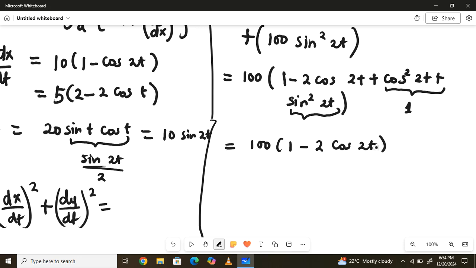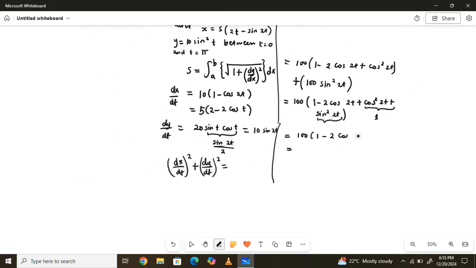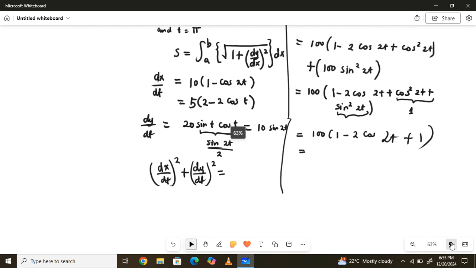Moving forward, remember we have 100, so we'll have 100 into 1 minus 2 cos 2t, and we are adding 1 plus cos 2t. Let's just expand our board once more.